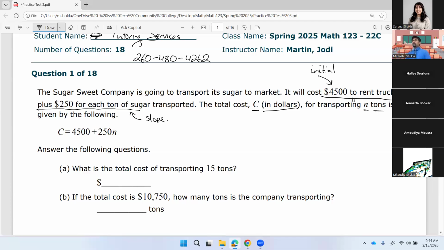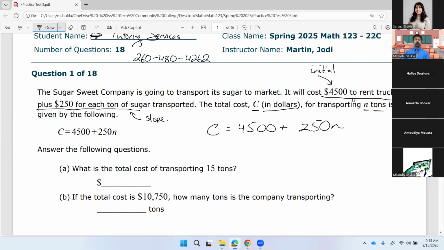So the letter N represents the number of tons of sugar I'm going to be transporting, and it's given by C is equal to 4,500 plus 250 N. Any questions about how to interpret and organize this information, what you're looking for? Everything makes sense. Good.